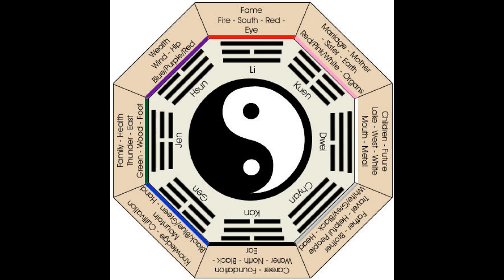Here are some examples of a Feng Shui Bagua. In the first example, you see the more traditional octagon shape of the Bagua. At the top of the Bagua, you find the fame section, which corresponds to the element of fire, the compass direction of south, and the colors associated with it are red. The body part associated with this section is the eye.